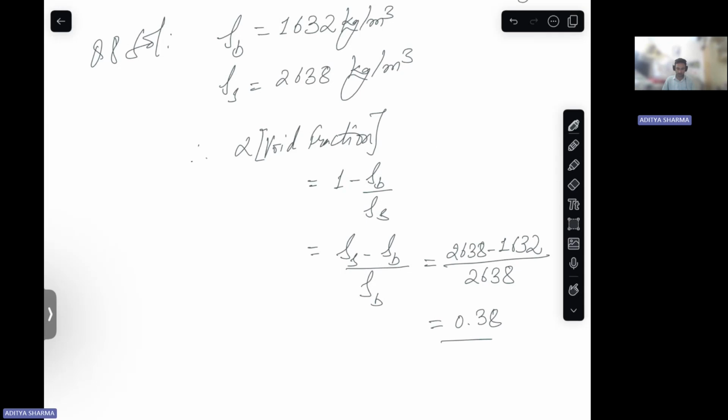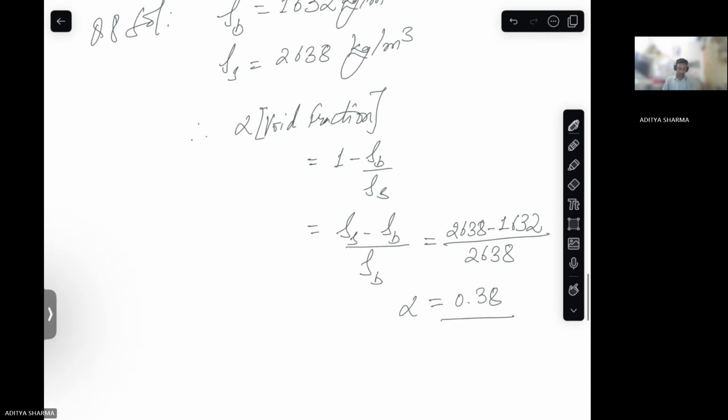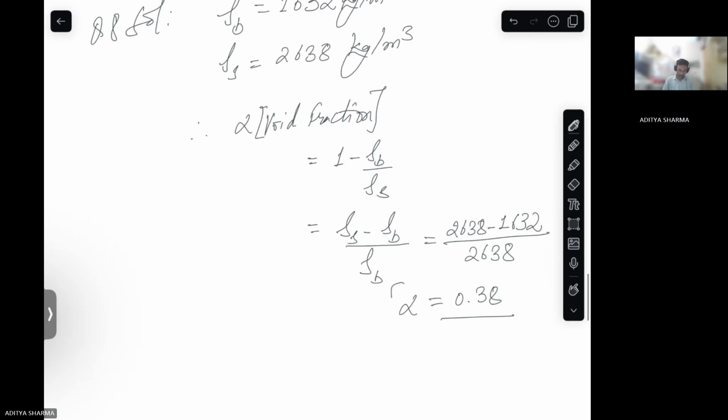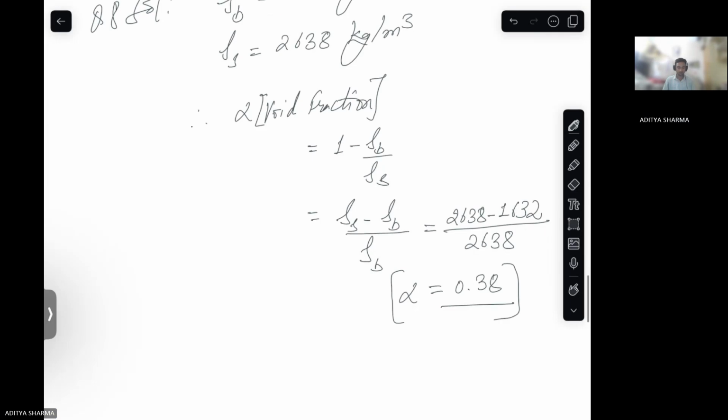Okay, so this much space is your fluid in terms of fraction. So alpha is this.